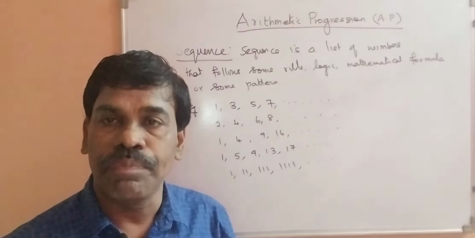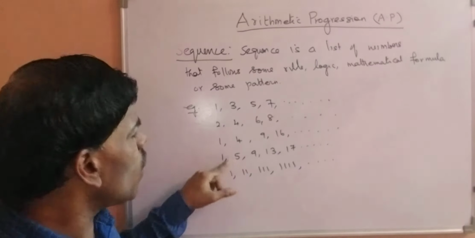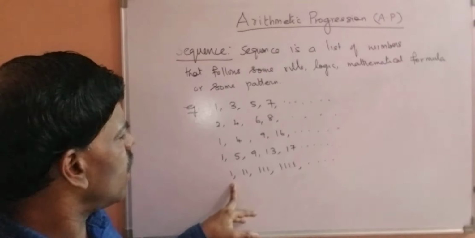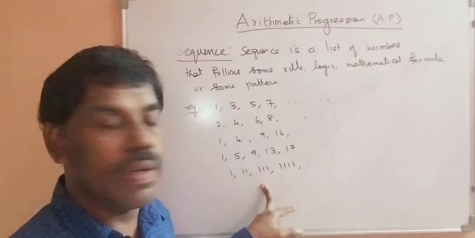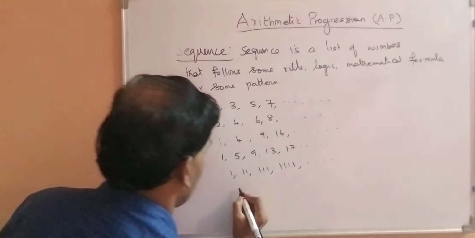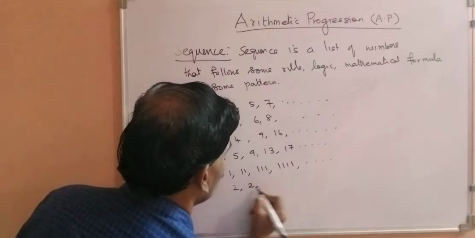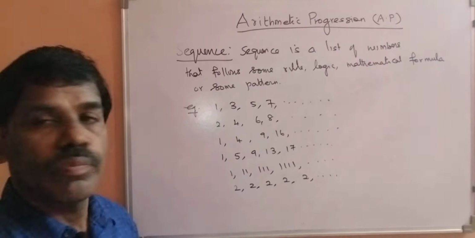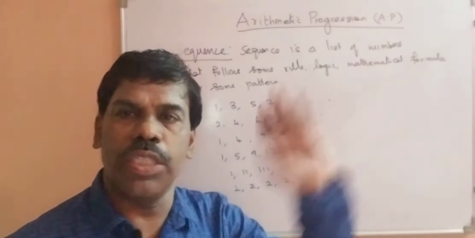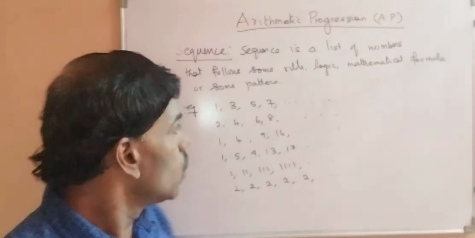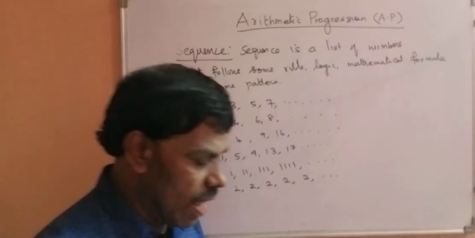Here what happened? Here 4 is added to the first number. Okay, like that. Now here what you have written? Some pattern 1, 11, 111, 1111, etc. Now another one 2, 2, 2, 2, 2, etc. Here what happened? The same number is repeated. This is also one pattern or some logic or some formula. So this we call a sequence.